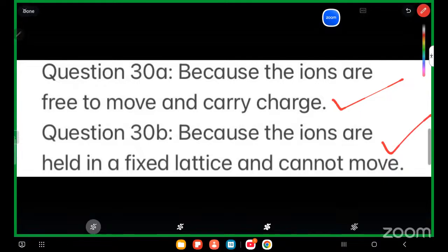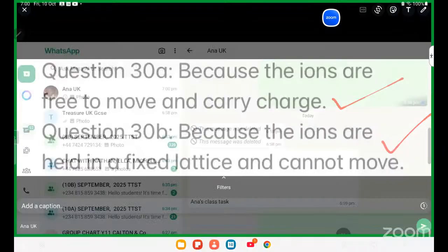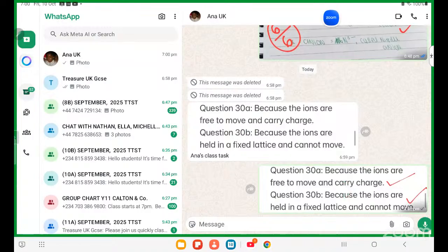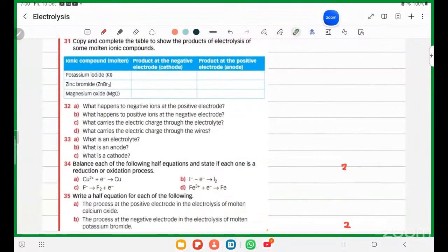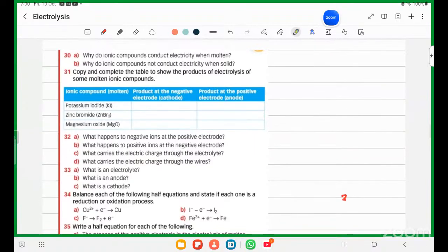How about 31? Yeah, I've done that as well. Should I send it as well? You didn't send that. No, I didn't send that. It was not with that. The table you are asked to fill in here. Okay, sir. Give me a minute.